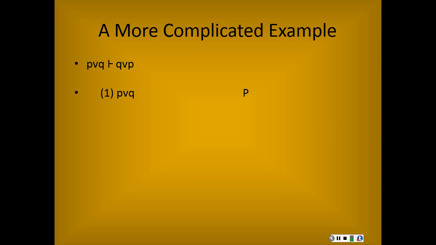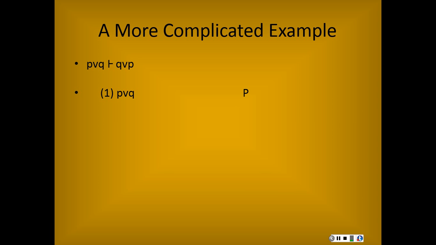So my strategy here will be to attempt to prove the conditional if P, then Q or P, and then after I've proven that conditional, to prove the conditional if Q, then Q or P. And then once I have those two conditionals and this disjunction, I'll be able, via the rule of disjunction elimination, to infer Q or P. So that's my strategy.